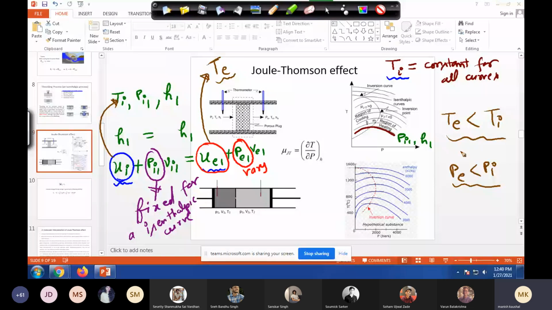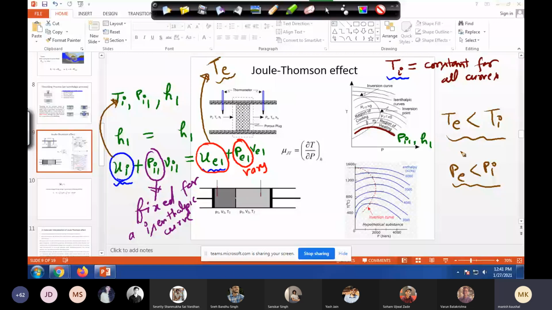Sir, I did not get the point that for all the curves Ti should be constant. Then you have two parameters. Sir, but at the inversion point Ti equals Te, no? No. At the inversion point, we are simply saying mu JT is 0, nothing else.